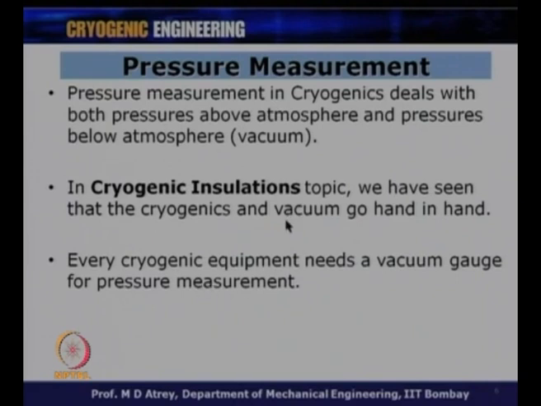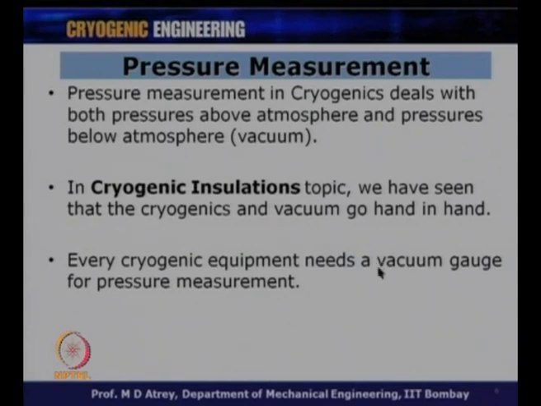Wherever a vacuum comes, we will talk about the order of vacuum. What kind of vacuum are you talking about? 10 to the power -2, -5, -10, and therefore it needs to be monitored, and vacuum gauge is very, very important. Most of the cryogenic experiments will need to have a vacuum gauge with them. Basically, it will come with vacuum equipment also, a rotary pump or a diffusion pump or a cryo pump, and they will have the vacuum gauges.